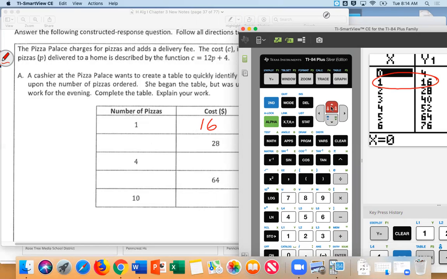Judging by what's on the board, Angela, could you tell me another point? Like another line in the graph or in the table? 4 and 52. That's corresponding to right here. We look at 4 and we found 52.